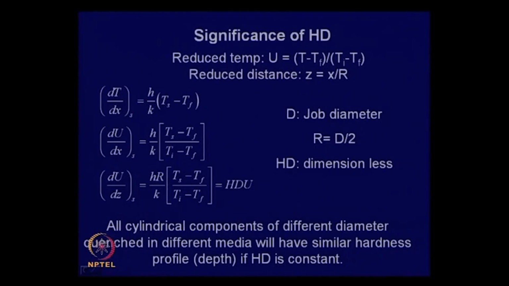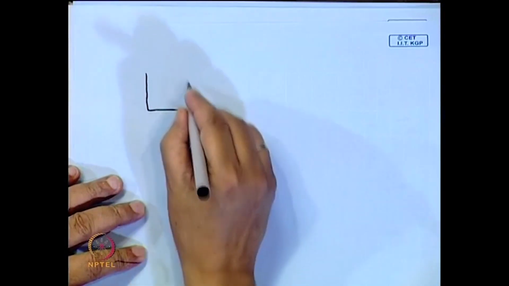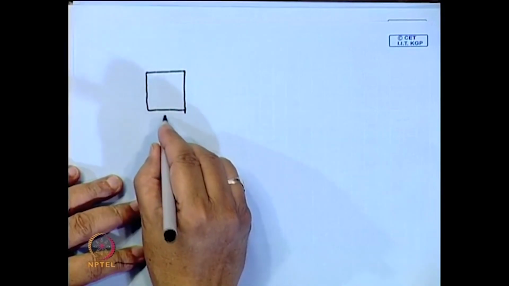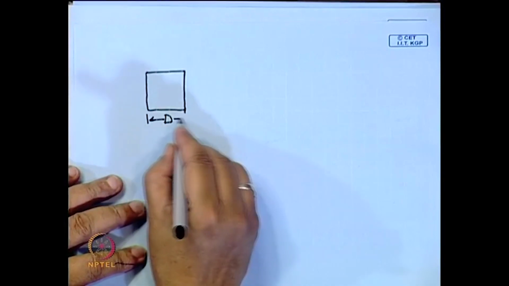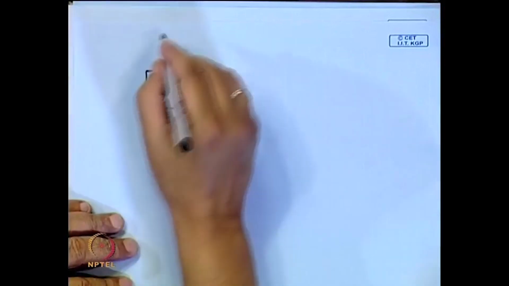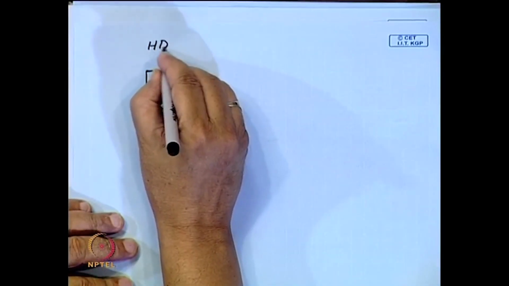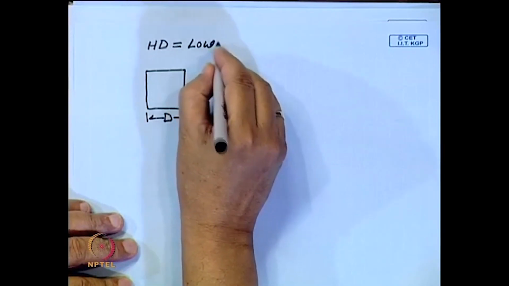Say suppose you have a job which has a particular diameter, and you have quenched it in a medium so that this product H times d is low.